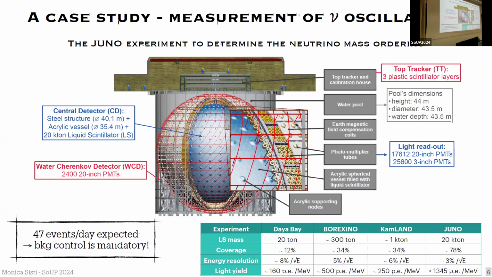You have seen yesterday the tiny difference between the normal and inverted ordering. And for doing this measurement, we expect, despite the mass of the detector, only 47 events per day. So this means that accidental background must be reduced as much as possible in order to be able to make this measurement.